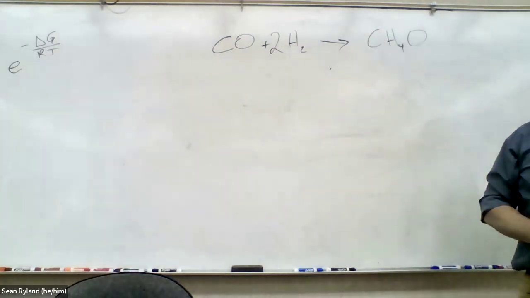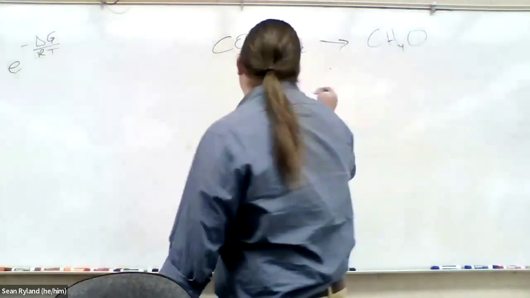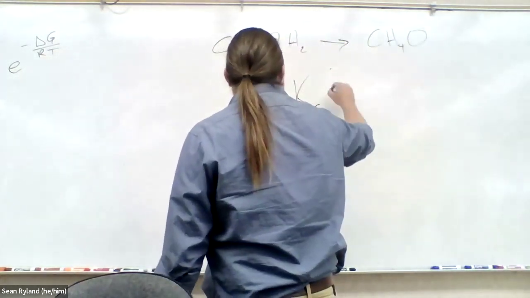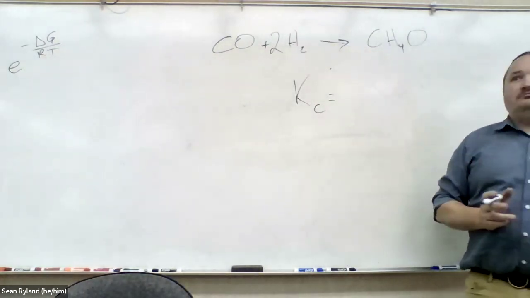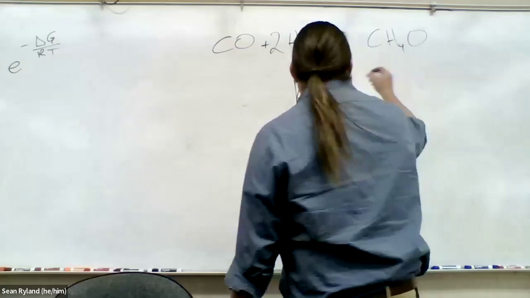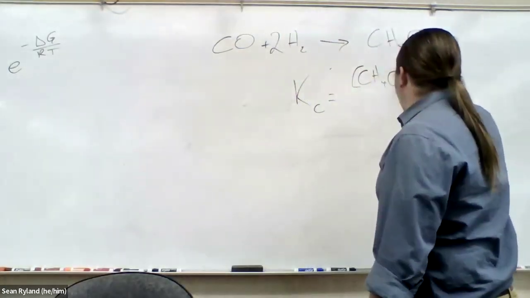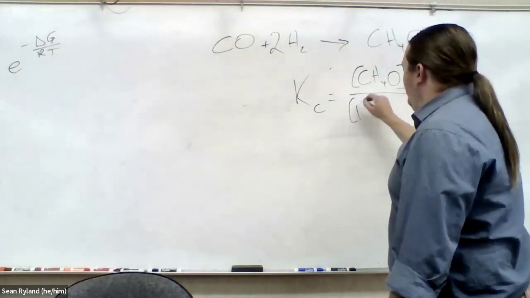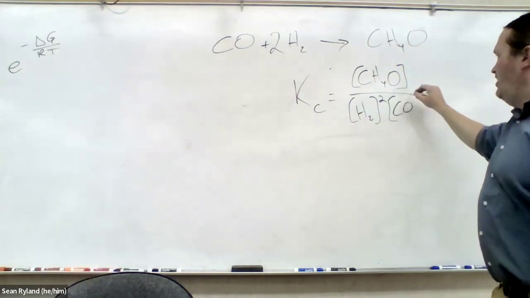What is the equilibrium expression going to look like in terms of concentration? Kc, what's the first rule of equilibrium? Products over reactants, good. So concentration of methanol over concentration of hydrogen squared times concentration of carbon monoxide.